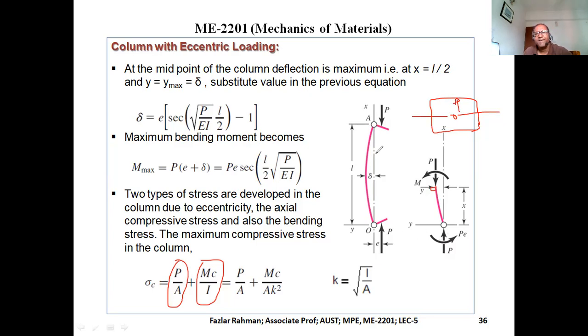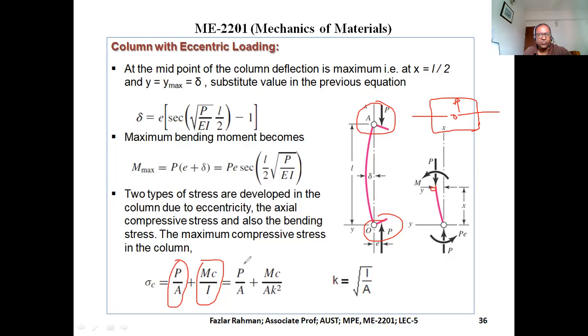So you see that externally we apply only a compressive force, and we apply it eccentrically. That means the direction of load does not go through the CG of the cross section. As a result, we are getting a bending.